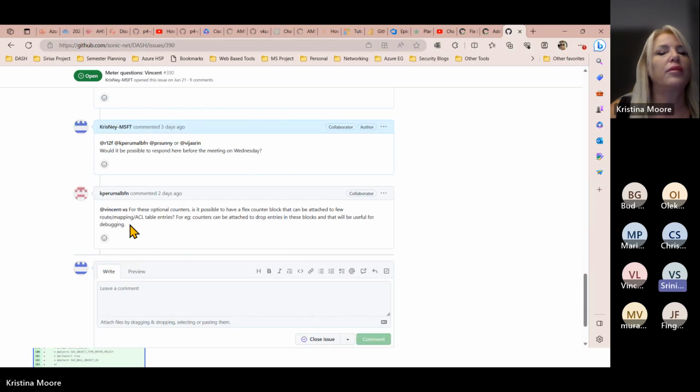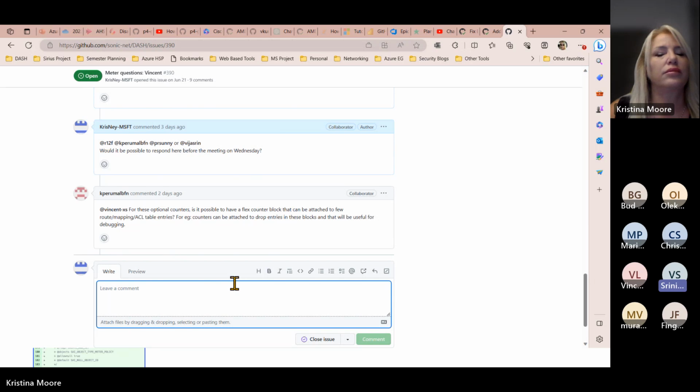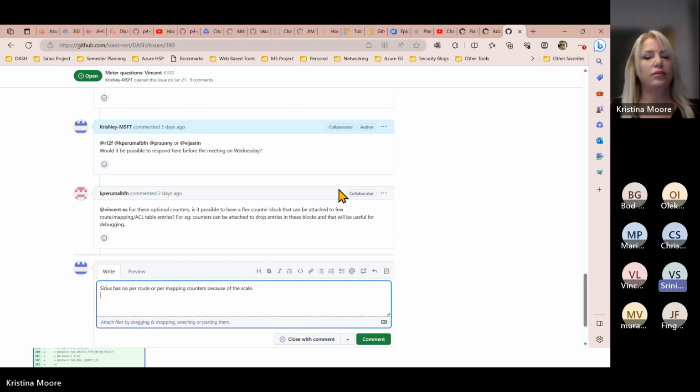I believe the current definitions are a little bit overarching because as far as Sirius is concerned, there are no per-route or per-mapping counters because of the scale. There are also a whole bunch of counters defined right now in one of the documents, and I'm not sure it makes sense for a DPU in a smart switch kind of deployment. So I think that needs to be scrubbed and looked at.